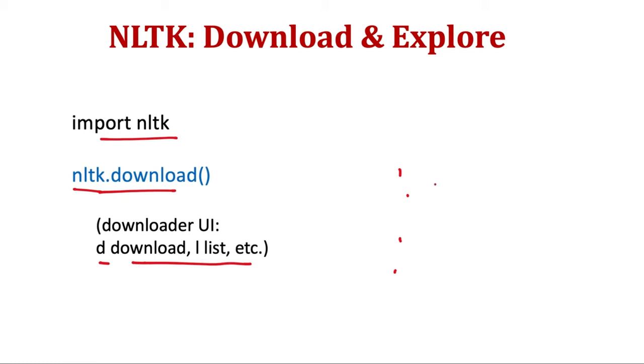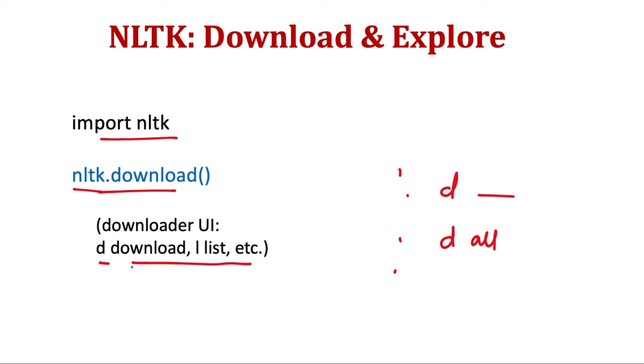So you can list the packages using L, and whatever package you want to download, you can write D and then package identifier, and it will download that. So if you are using Google Colab, then you can write D all and it will download all the packages. But if you are using it from your native command line or IPython notebook or Jupyter notebook, then it will give a downloader UI, and from there you can select the package and then click download. I will show that after some time.